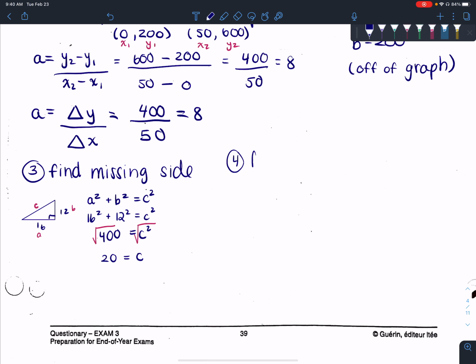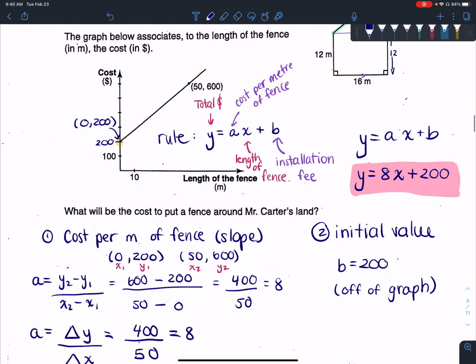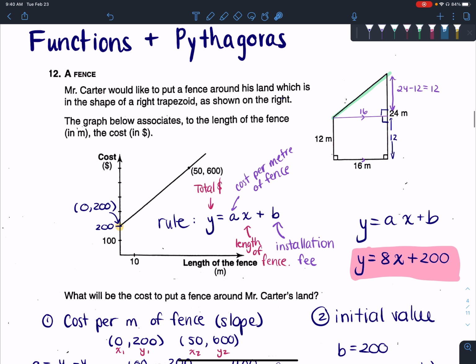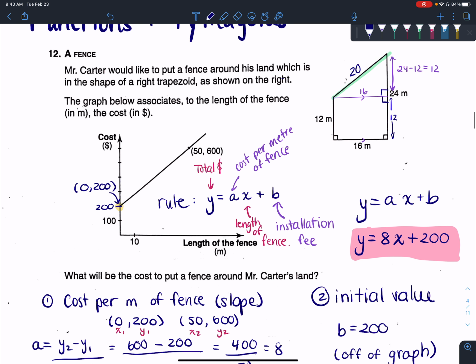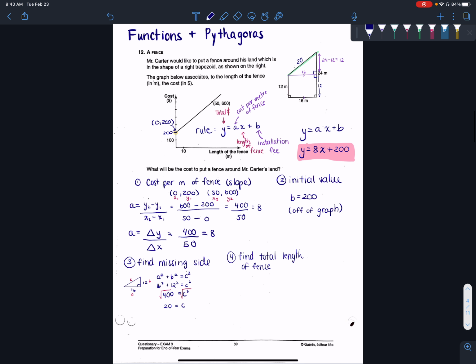Now we can find the total length of fence. And the total length of this fence is all the sides added up, the perimeter. So perimeter of the fence is going to be 20 plus 12 plus 16 plus 24.